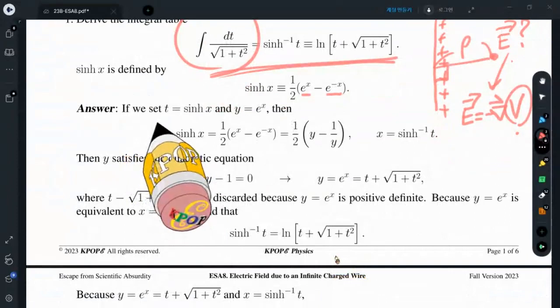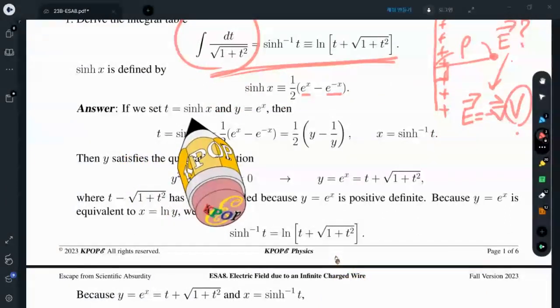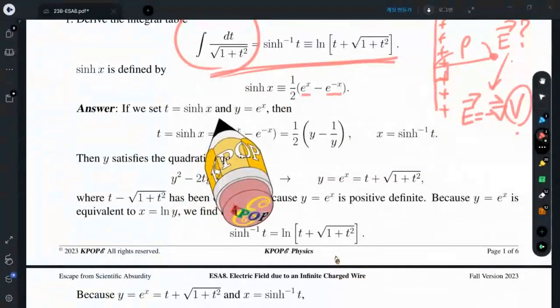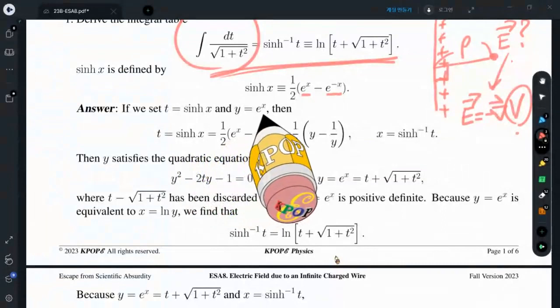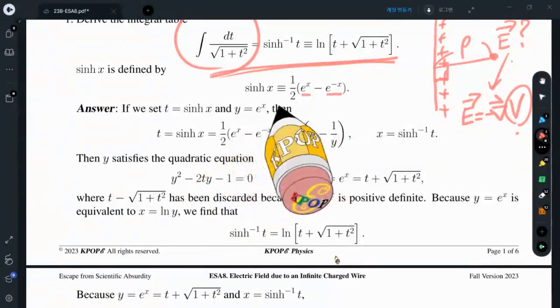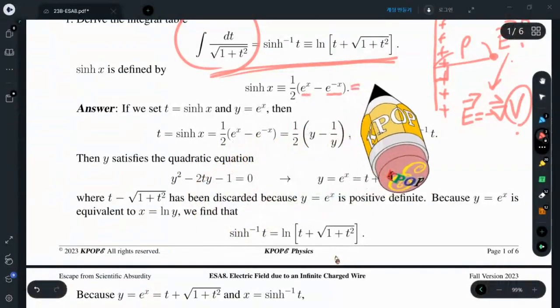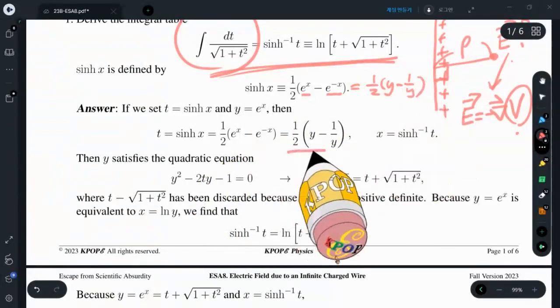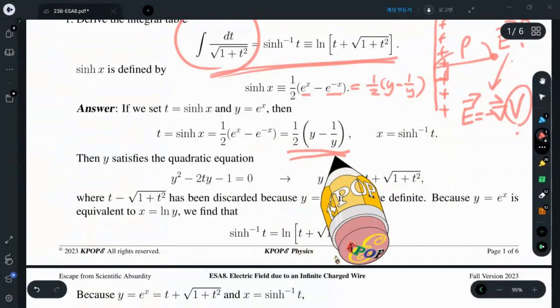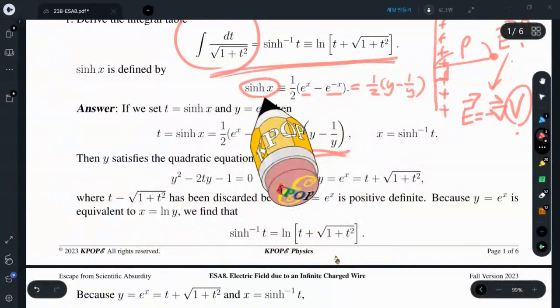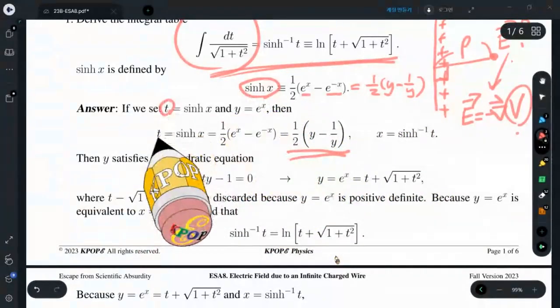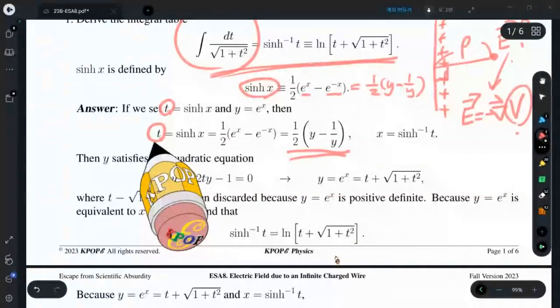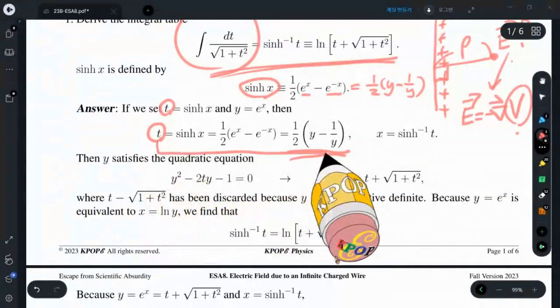Okay, if we set t equals sine hyperbolic of x and y equals e to the x, then this is one half of y minus 1 over y, as is written here. Sine hyperbolic x is replaced with t. Now we find this is a quadratic equation with respect to y.